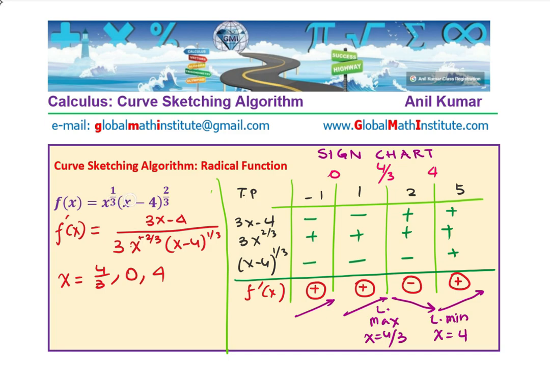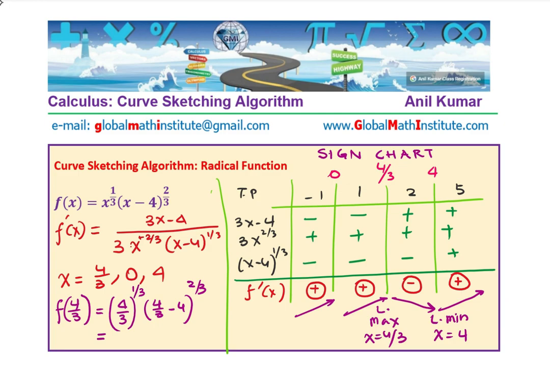Now at 4 we know the function is 0. We can now calculate the value. What is the maximum value, correct? So let me write down f of 4 by 3 and calculate the value. So substitute 4 by 3 in the equation, right? And calculate.